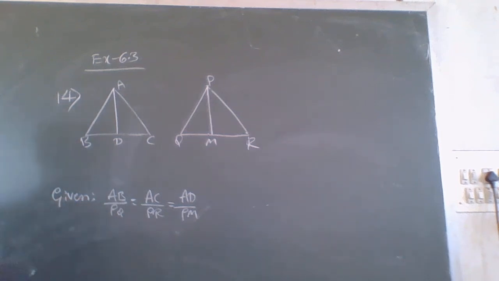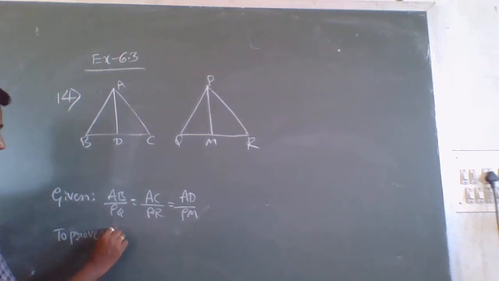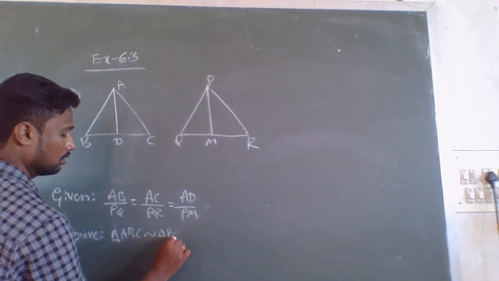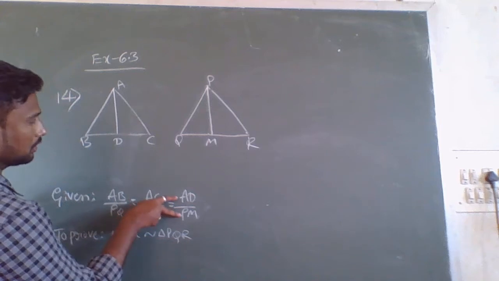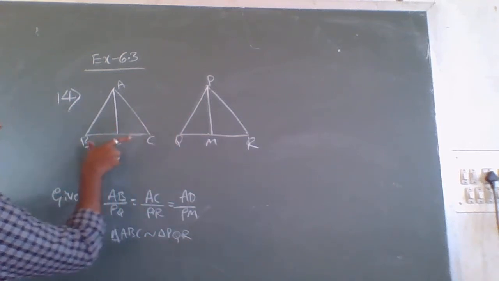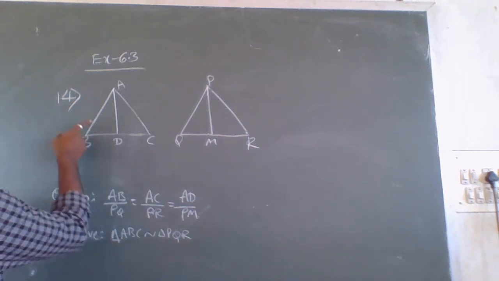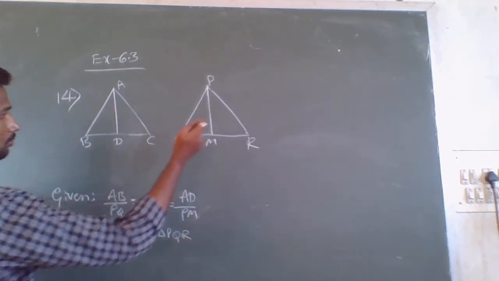And what we have to prove here? Triangle ABC is similar to triangle PQR. Means if they had given BC by QR in the place of AD by PM, we could directly prove that ABC is similar to PQR, because they are given that AB is proportional to PQ and AC is proportional to PR.